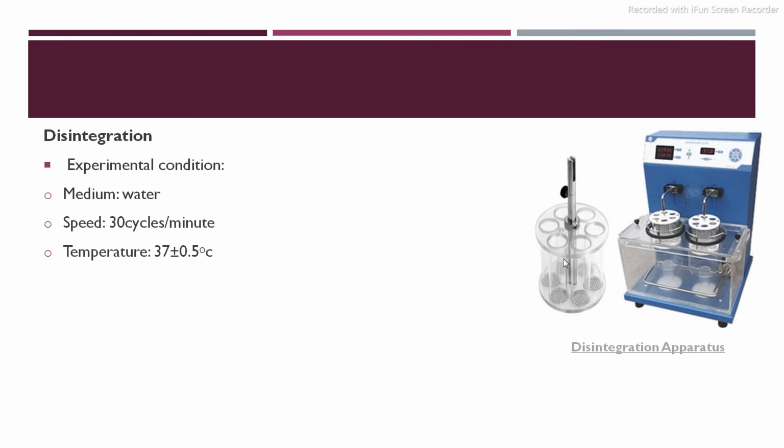There are about 6 tubes available in this basket, and all 6 tubes are open at both ends, and at the downside a 10 mesh screen is available, so that the tablet will not enter the outer environment. Initially we have to drop one tablet in each of these 6 test tubes, and once the addition is done, then you can fix the basket into the beaker.